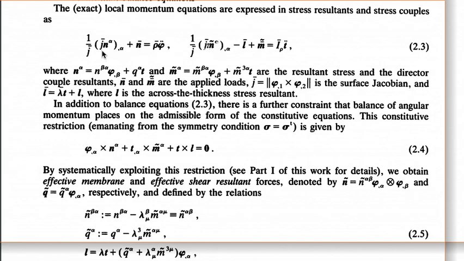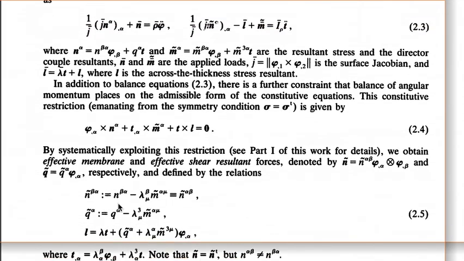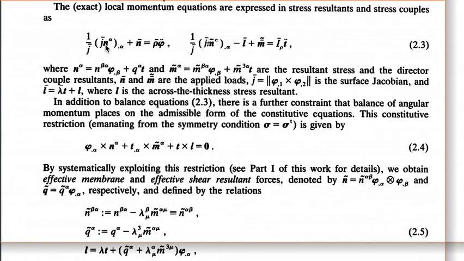Now this is in terms of forces and moments. And now if we resolve these forces and moments along the convected basis, those components are basically n beta alpha and m tilde beta alpha.